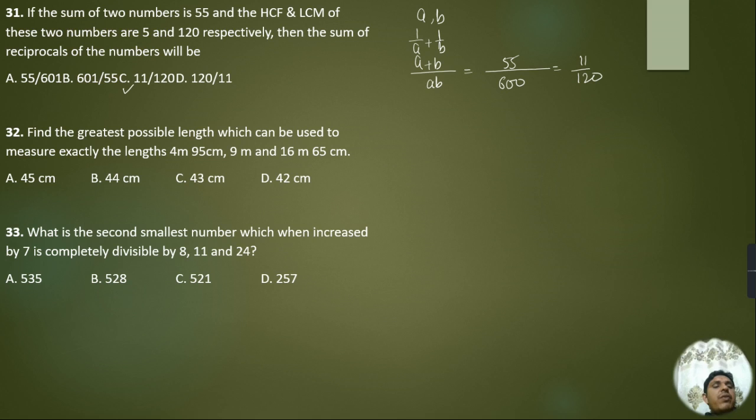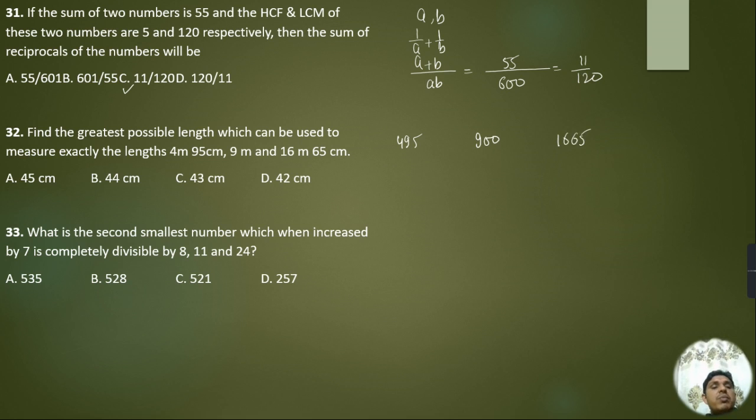Question 32. Find the greatest possible length which can be used to measure exactly the lengths of 4 meter 95 centimeter, that means 495 centimeter, 9 meter, so 900 centimeter, and 16 meter 65 centimeter, that means 1665 centimeter, right?